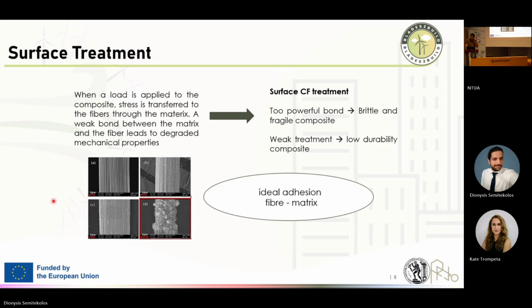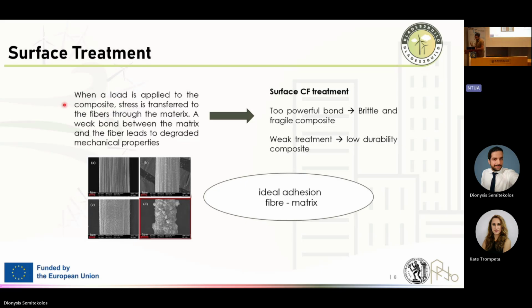Now, the surface treatment, I said a few things about it, but we need to understand what are the challenges that we need to face. Okay, we said, maybe we didn't, that when we have this composite with the resin and the fibers, and we apply a load, we stress it for the purpose.